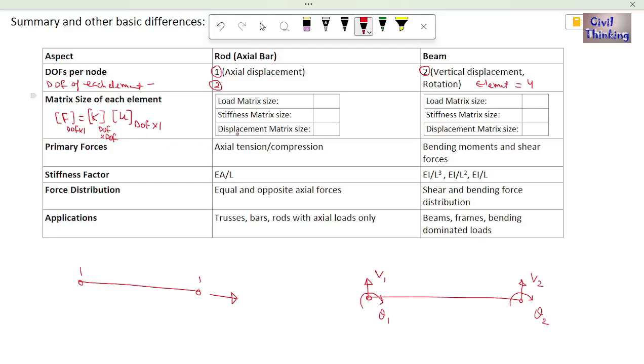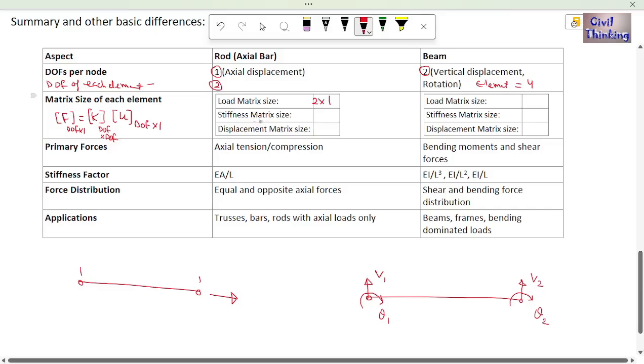Okay, so for the force matrix or load matrix, the order is degree of freedom times 1. But what is the degree of freedom of this element? 2, right? 1 and 1 is 2. So the load matrix order is going to be 2 cross 1. Now the stiffness matrix, what is the order? Degree of freedom times degree of freedom, right?